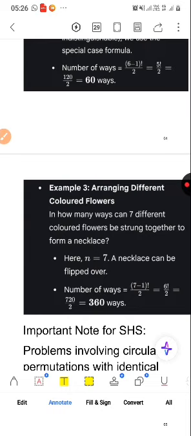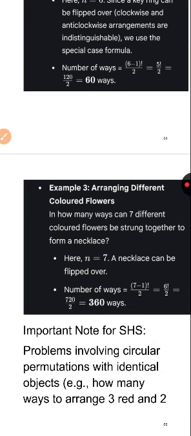So we are holding a flower. You are using flowers to form a necklace so that you can put it around your neck when you are going for a ceremony or a function. Anytime you hold one flower and rotate it clockwise, it will come to the same place. And anytime it is rotated counterclockwise, it will come to the same place. So the formula you need to use is always the circular permutation formula divided by 2.